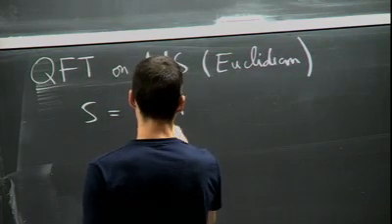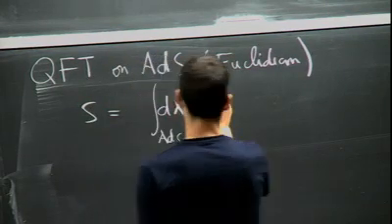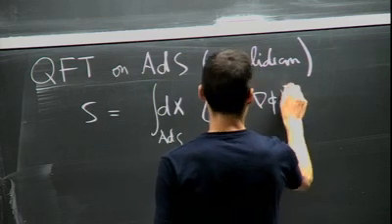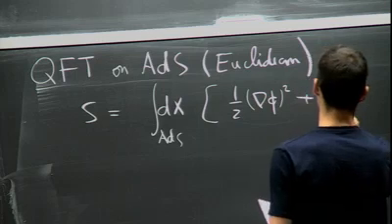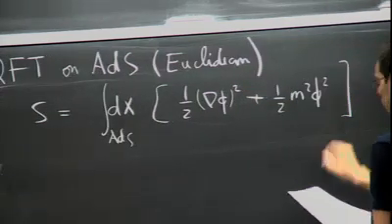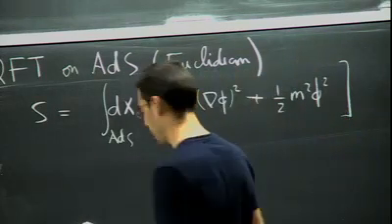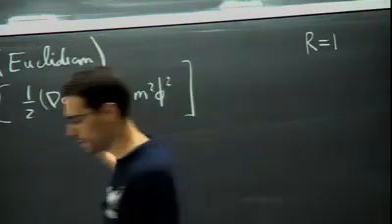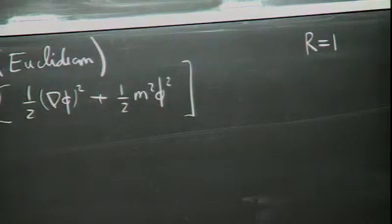So I'll just write the action, some integral over AdS, and I'll just start with some free scalar field of mass m. For now, I'll start like that. And actually, I'm also going to set r equal to 1, so I'll measure all lengths in units of the AdS radius so that I don't have to carry that number around.